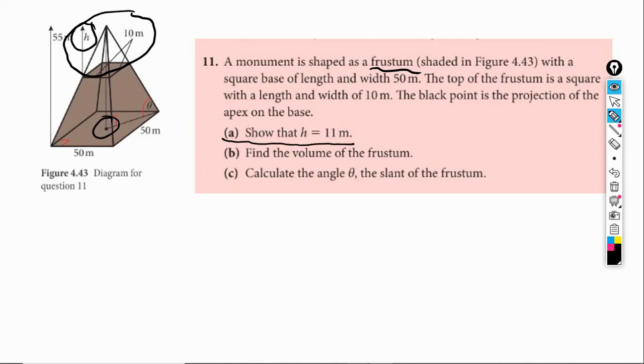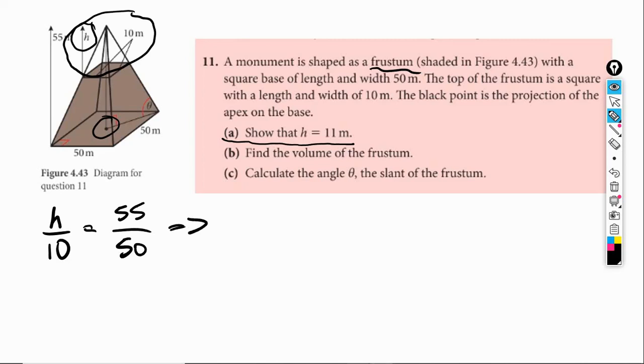Okay, so whenever you cut the top off a pyramid, that is a square base pyramid like this one, then you're going to have a situation of proportionality. So it turns out that h over 10 from the top part of the pyramid is equal to the height of the pyramid, 55 over 50.